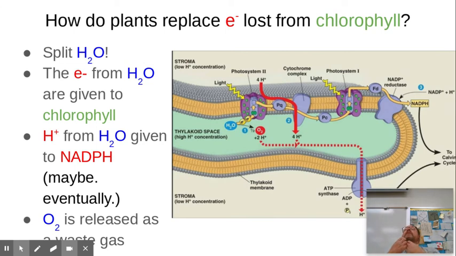The oxygen we breathe that we need to live is produced here inside the thylakoids when water is split. So splitting water gives electrons to the photosystems, it releases oxygen as a waste gas, and it releases protons into the space, and then the protons will be used in other ways.